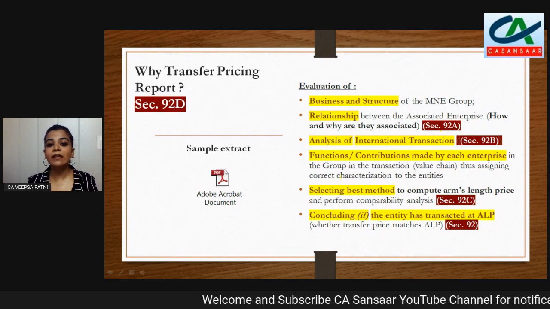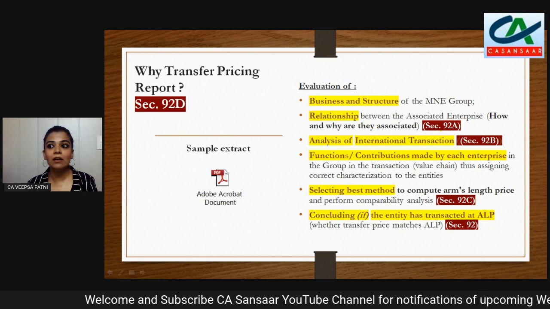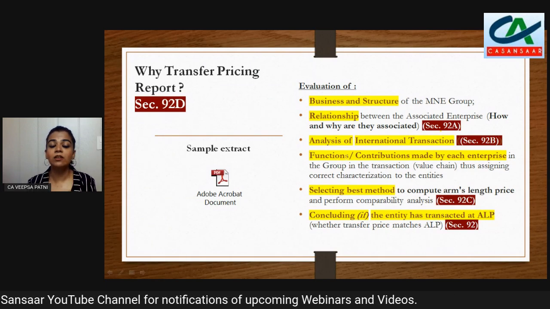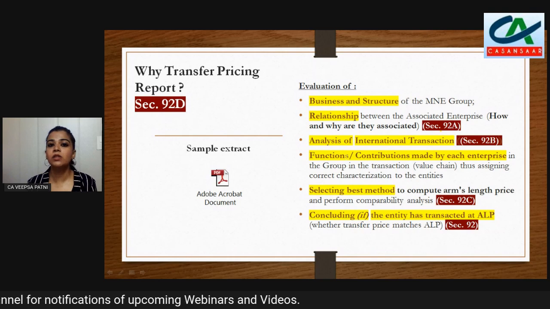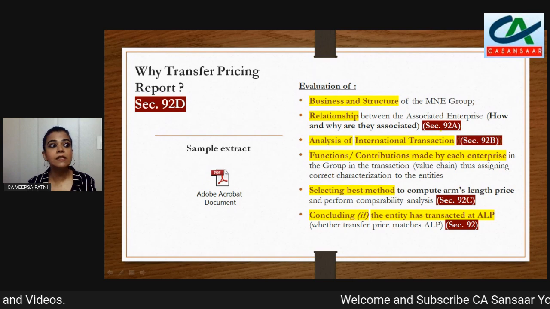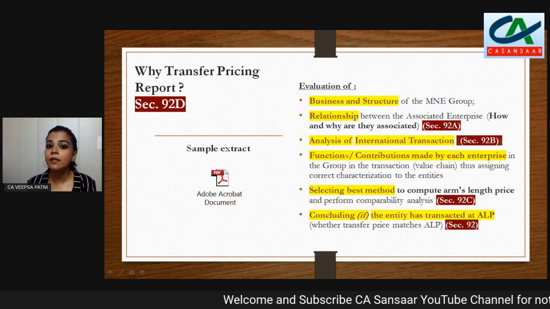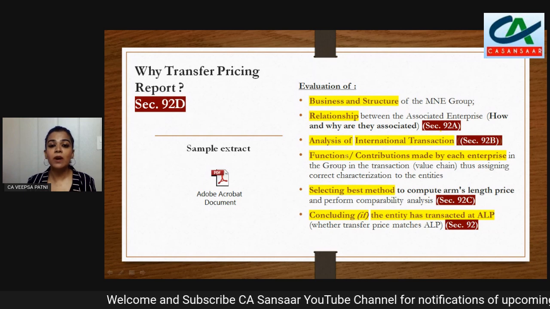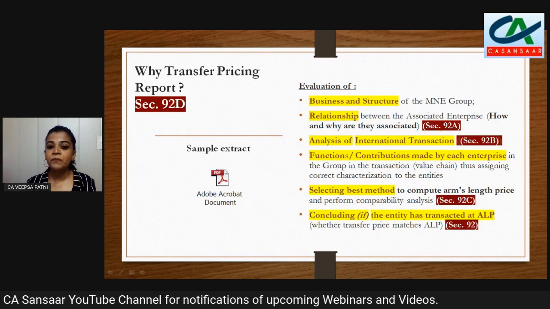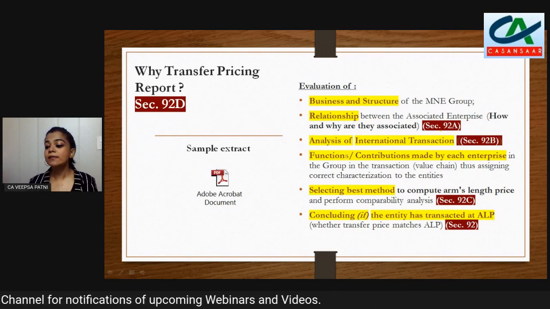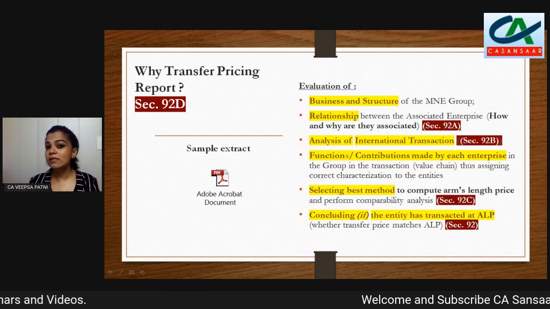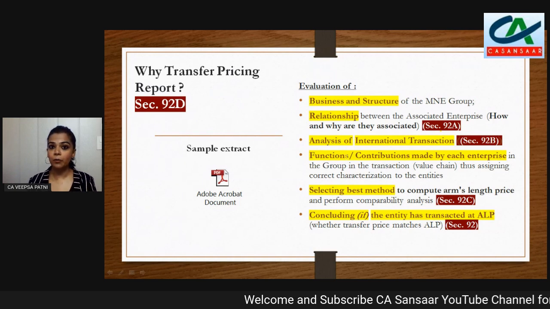This is a very underrated section in a transfer pricing report, but considering the BEPS action plans and that everything is revolving around value chain analysis, in a transaction, who made what contribution and who performed what function, until we know this, we will not be able to understand how much profit should go to which entity's jurisdiction. Say ABC Singapore is manufacturing electronic goods and selling those goods to ABC India, which is a distributor for ABC Singapore.